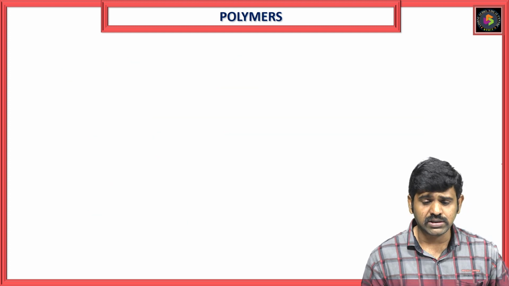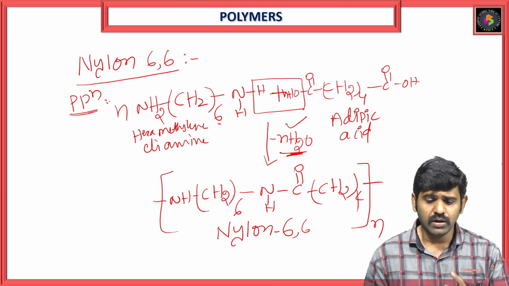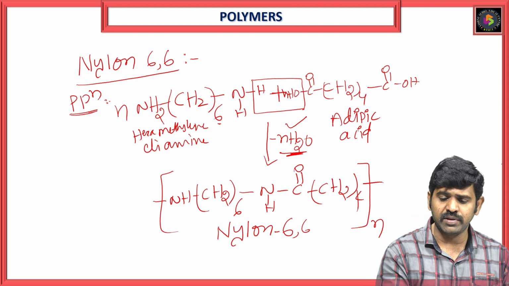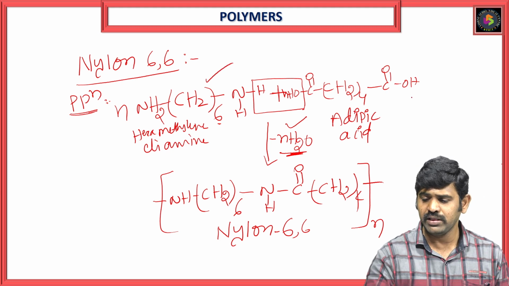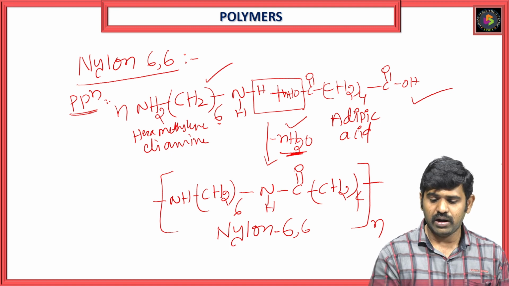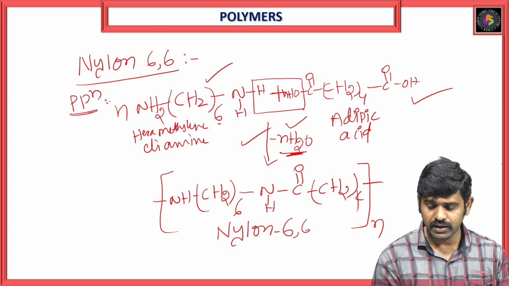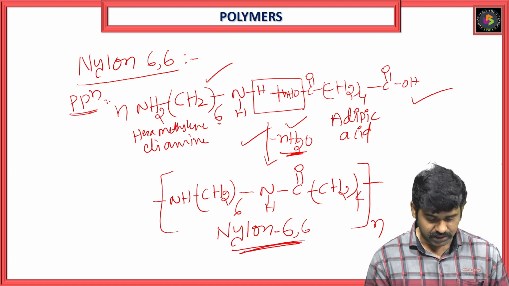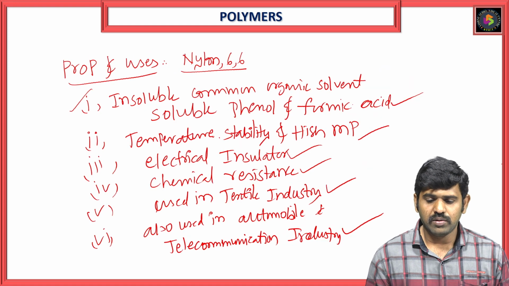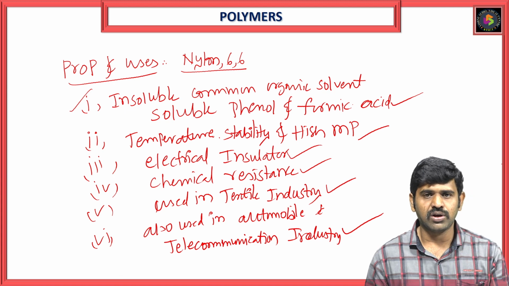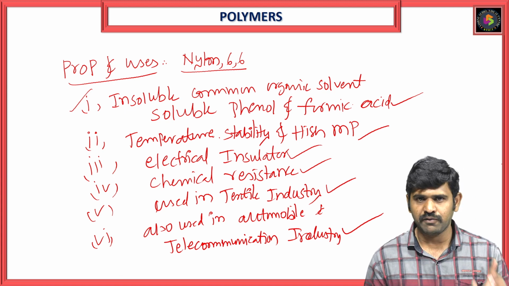So this nylon 6,6 is formed by condensing hexamethylene diamine with adipic acid, and loss of water molecule takes place here. Next, properties and uses. Insoluble in common organic solvents, highly soluble in phenol and formic acid.